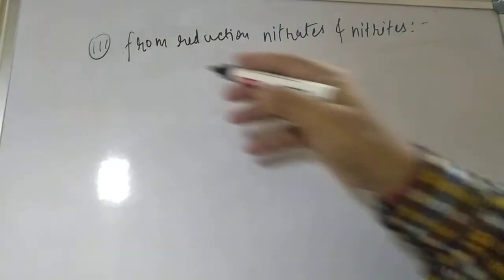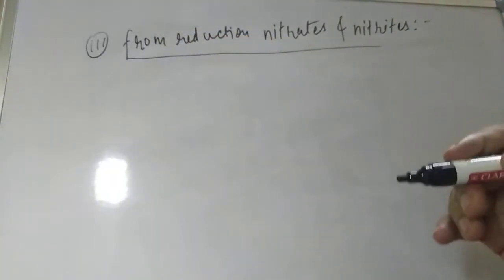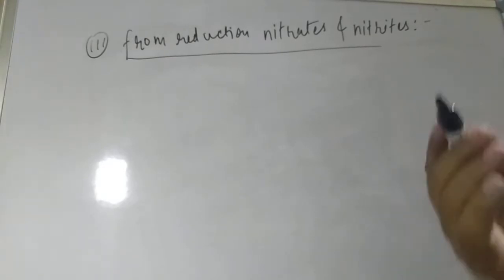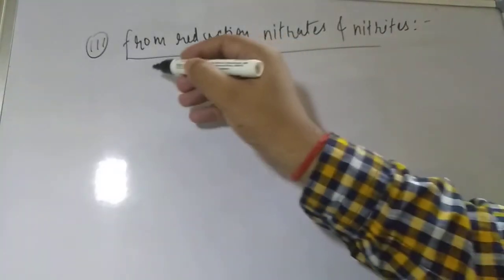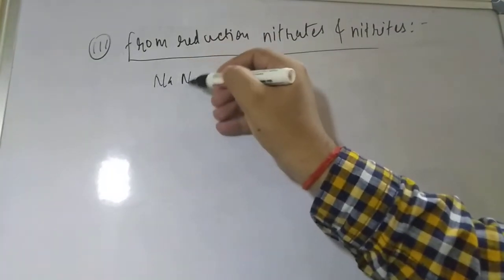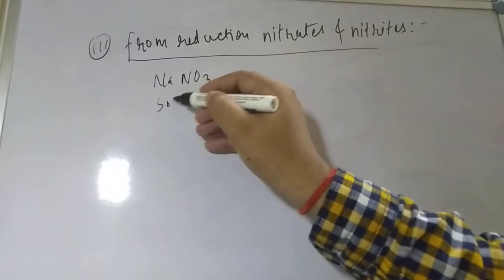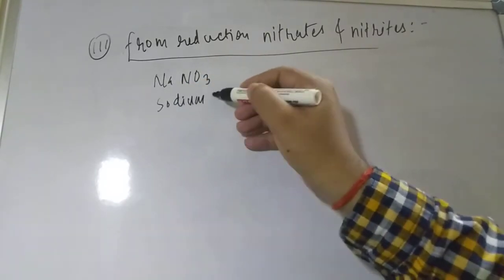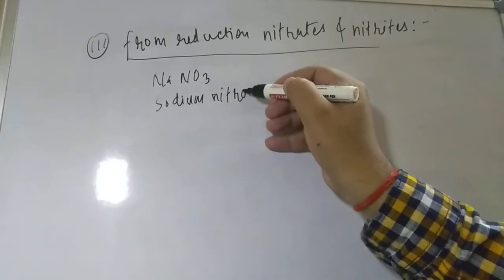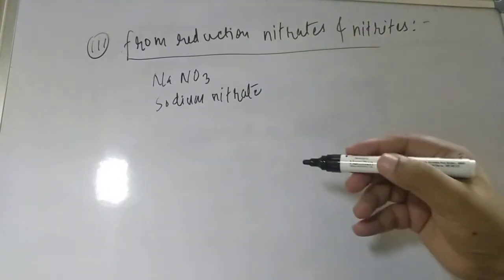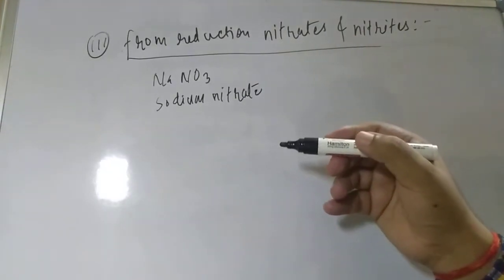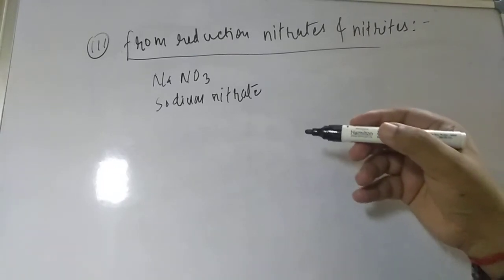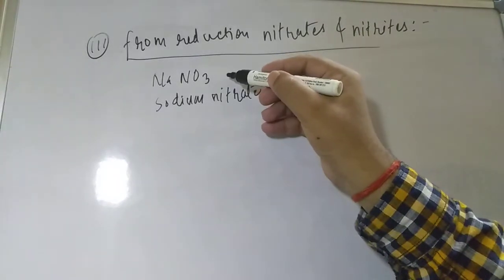So this is nitrates and nitrites, the metal nitrates. Suppose you are taking a metal nitrate, NaNO3, which is nothing but sodium nitrate. If you reduce this sodium nitrate with the help of some acid, it will give ammonia.